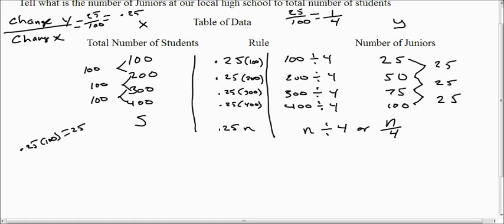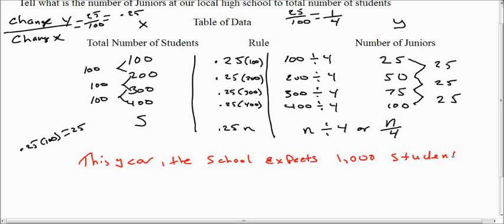So this year the school expects 1,000 students. Now, how many will be juniors?